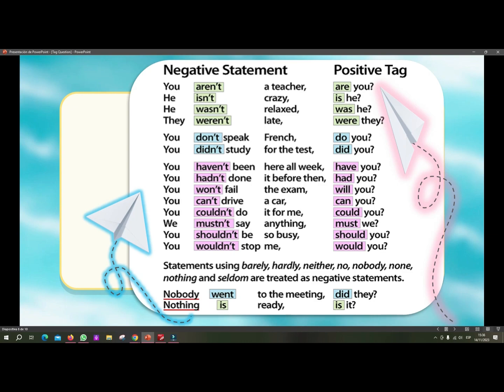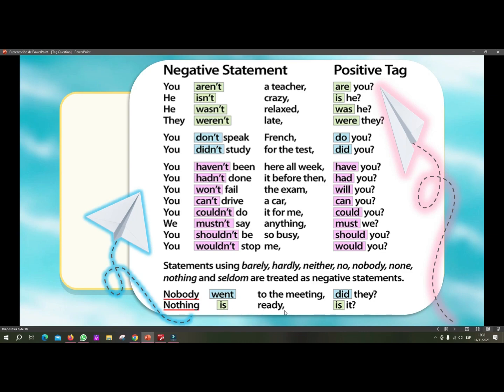So, you really need to have an affirmative type question. So, nobody went to the meeting, did they? Right? So here you have went. That's why you're going to have that question in past, but in a positive way.